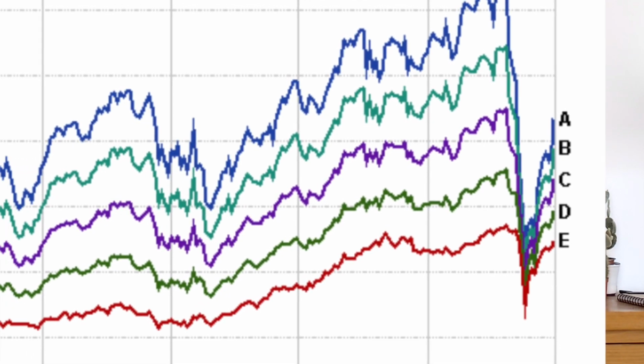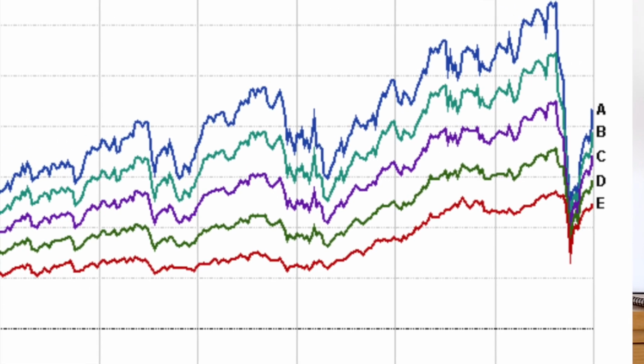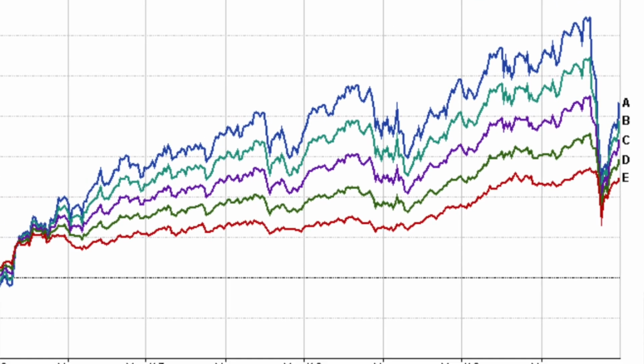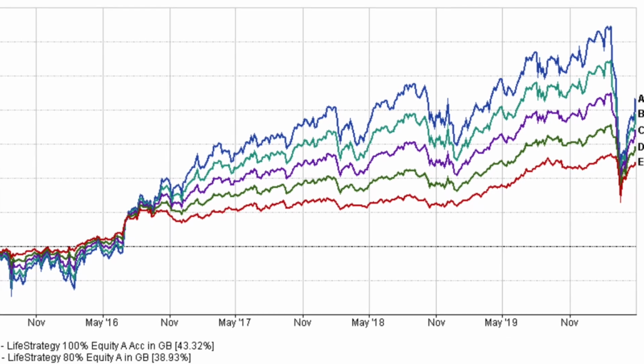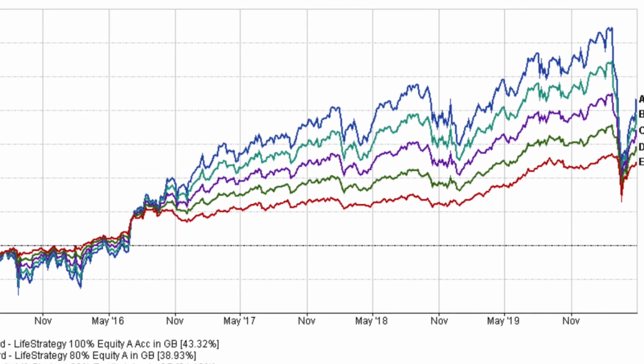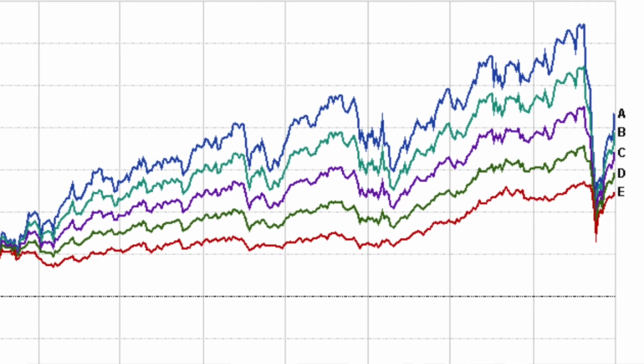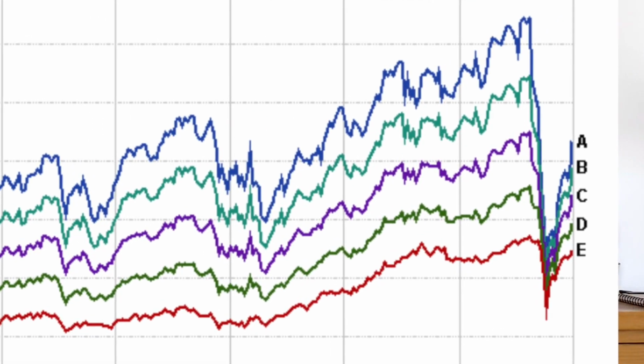But at the same time, look at how much smoother the graph, this red line of a 20% life strategy fund, is. And also look at the drop that a 100% equity fund had, and this drop happened at the beginning of the pandemic last year in March.